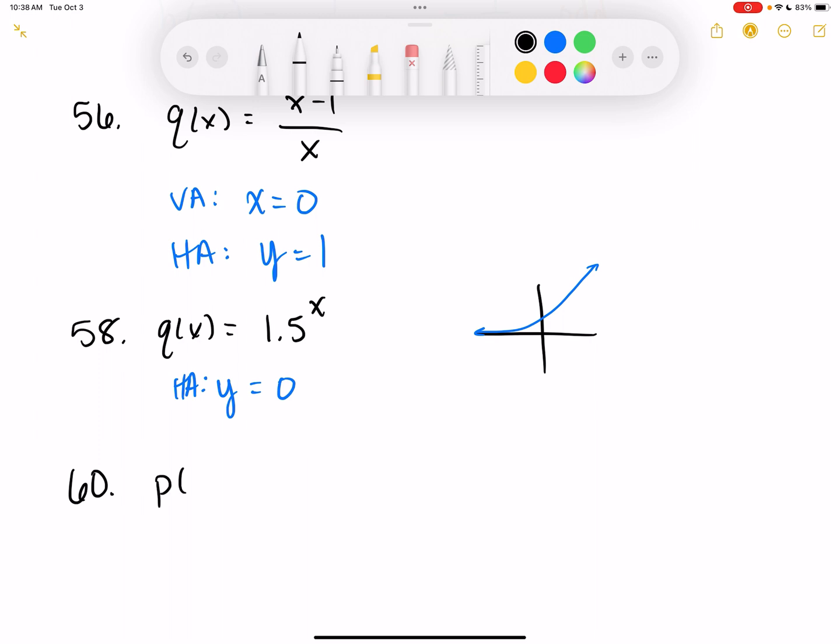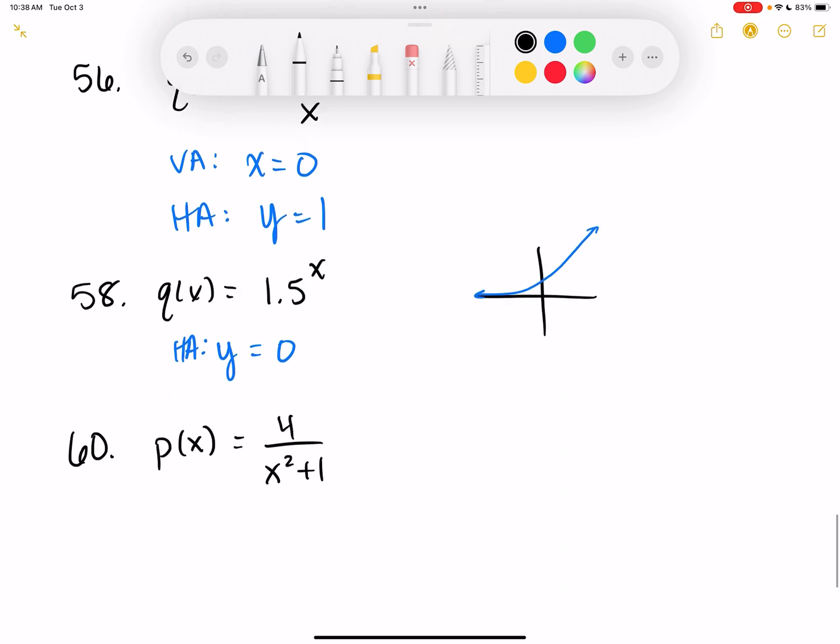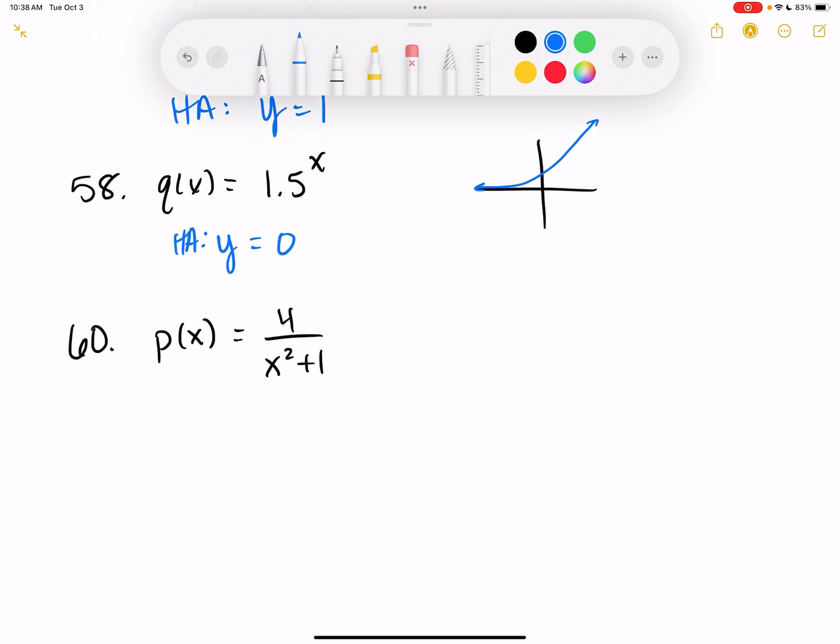60, p of x is equal to 4 over x squared plus 1. So vertical asymptote, I'm checking where the denominator is equal to 0. So I'm going to set x squared plus 1 equal to 0.